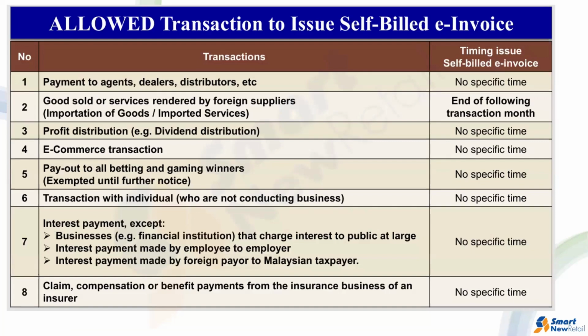So these are the list of allowed transactions to issue the self-bill invoice. Okay.